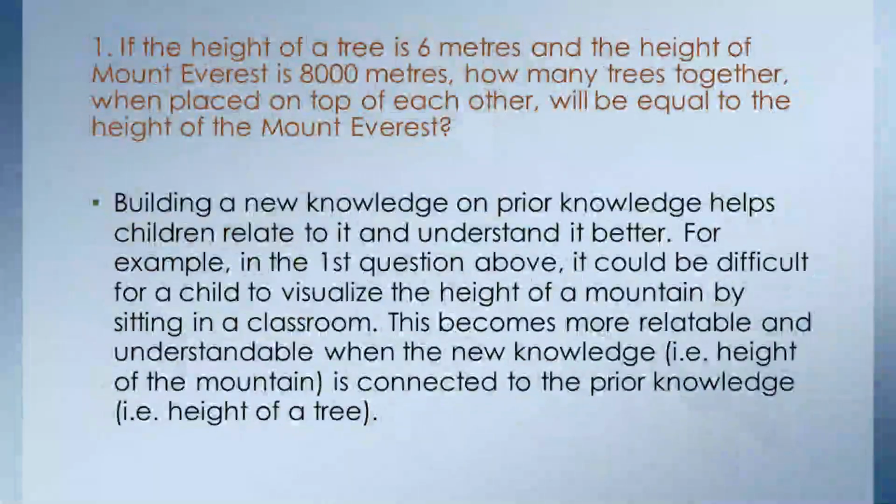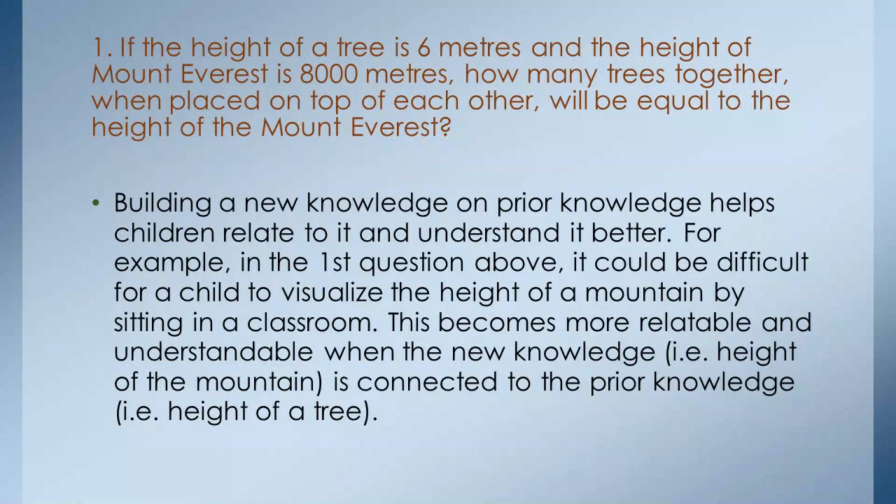Number 1. If the height of a tree is 6 meters and the height of Mount Everest is 8,000 meters, how many trees together, when placed on top of each other, will be equal to the height of Mount Everest? Building new knowledge on prior knowledge helps children relate to it and understand it better.